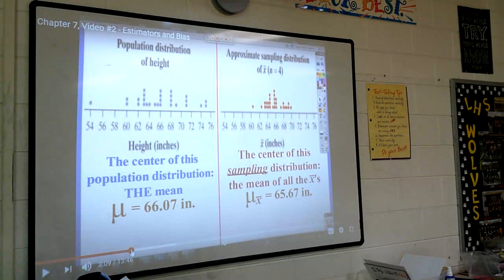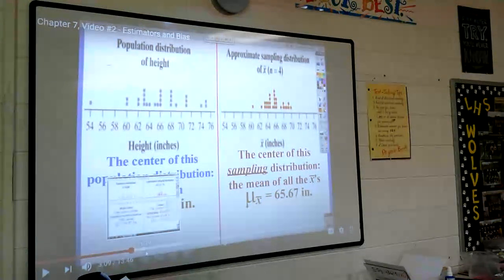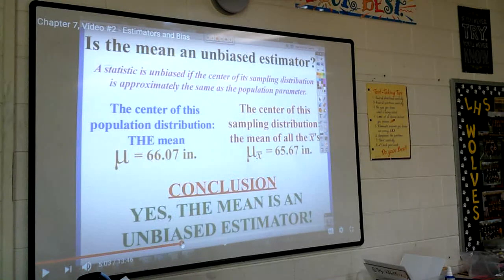And so it is closer together. The mean of all of these is 65.67, which is very, very close to 66.07, right? So that's what you want. You want it to be extremely close to the population. So the conclusion that we make is it is an unbiased estimator.